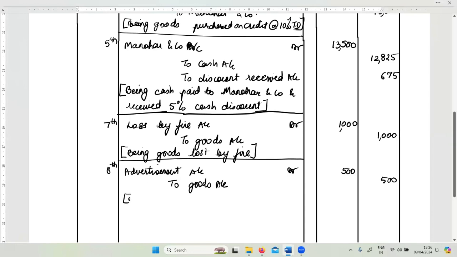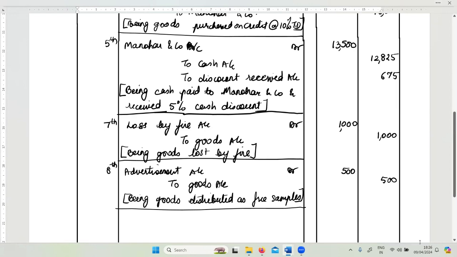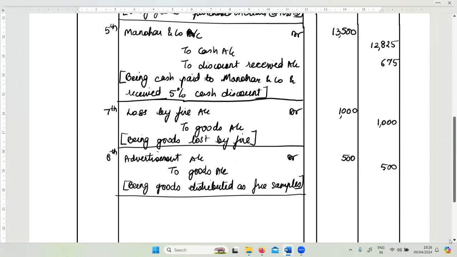So being goods distributed as free samples. Correct? So we've closed this transaction.